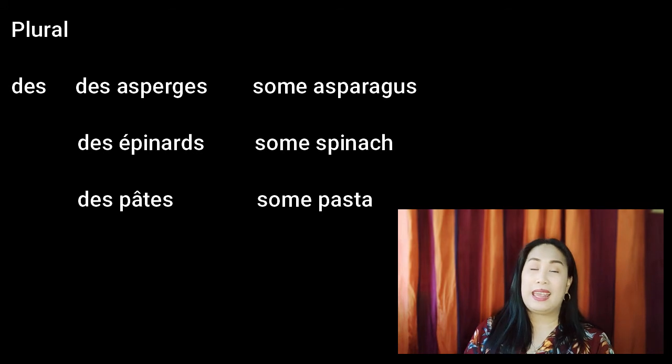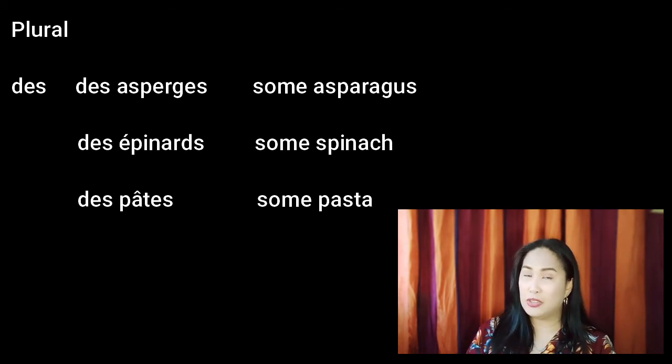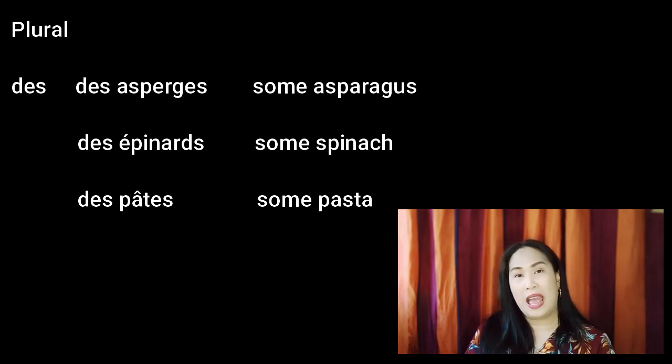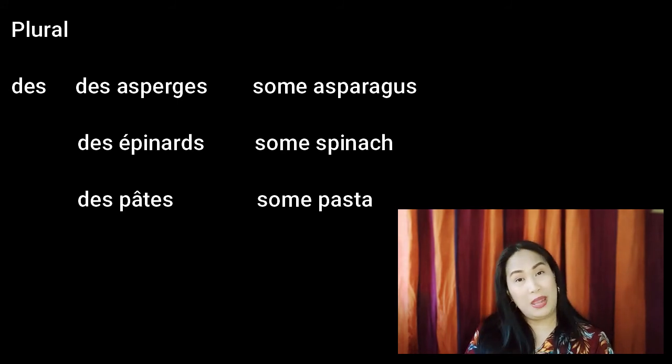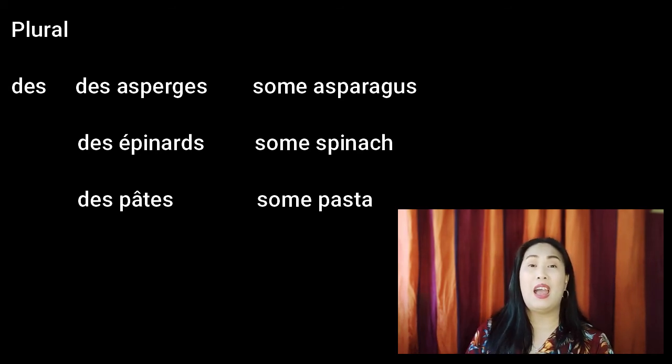Instead of reading des asperges separately, which is wrong, we have to read it correctly and connect the consonant and the vowel. So we read it as des-asperges, which means we connect the consonant and the vowel sound.